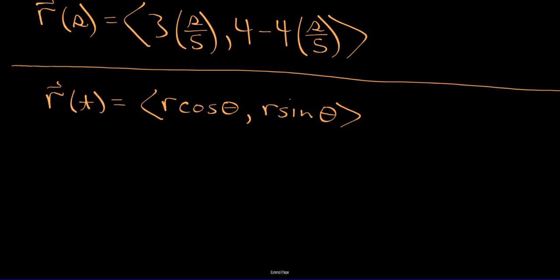So here we have s is equal to r theta. Oh yeah, r of theta. Oh, that's what you're saying. Well, that works out though, because the arc length is r theta, right?